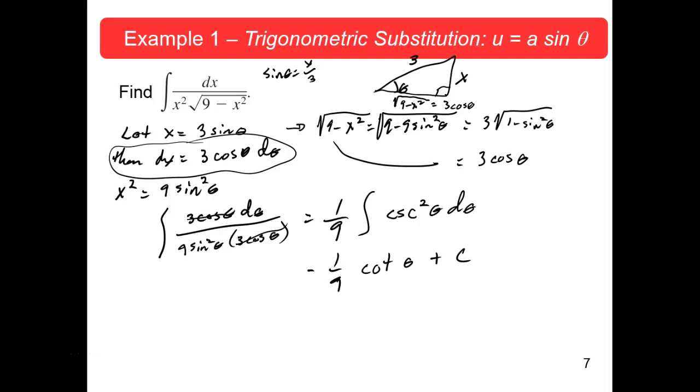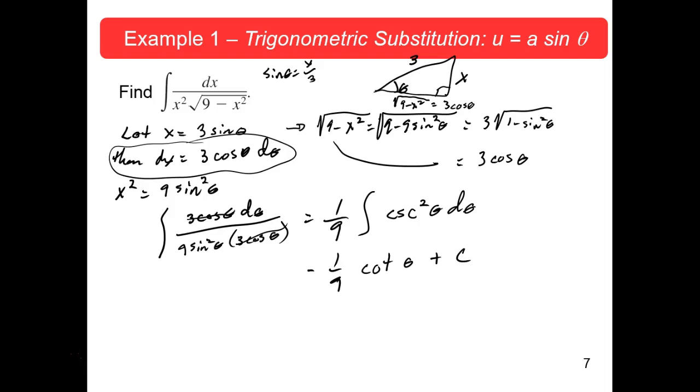Now, I hope that's what they get. Frankly, I don't see an answer yet. Oh, okay. That's in terms of theta. We sort of need to get back to your x's, right? But why do you reckon I drew a little triangle up there?